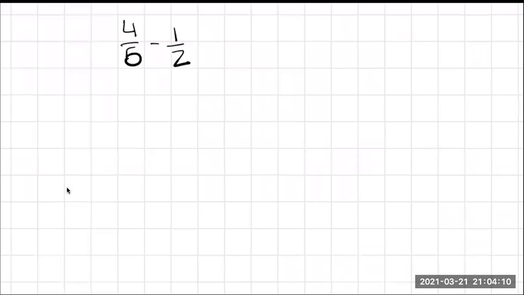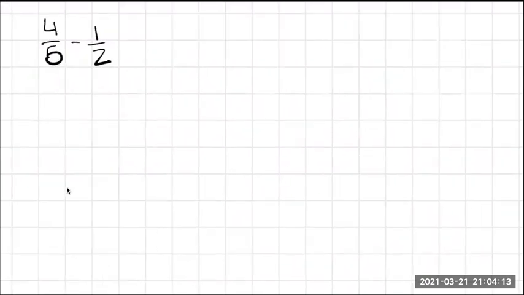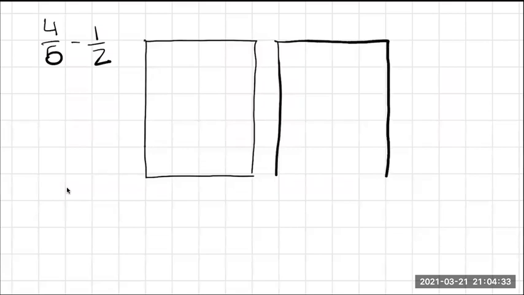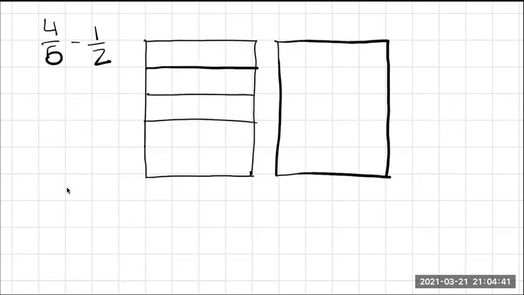Here is our next problem. 4/5 minus 1/2. We're going to draw our two area models. 1, 2, 3, 4.